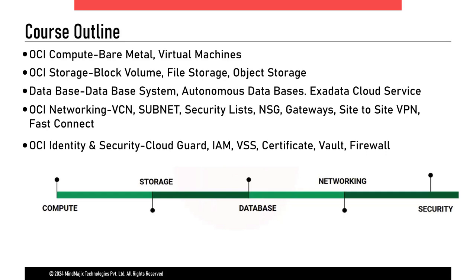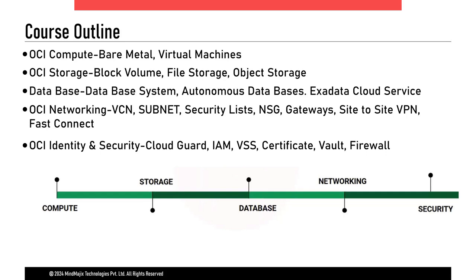Basically, in OCI networking services, we have virtual cloud networks. It is analogous to the networks we would have created in on-prem systems. Similarly, we have an option here to create virtual cloud networks.